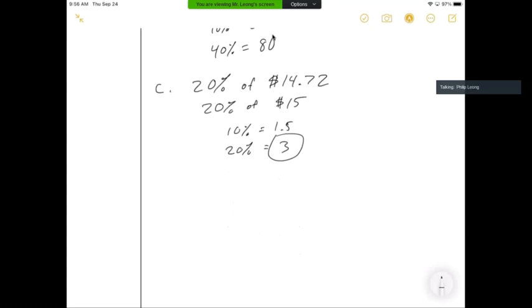The ones that you should know off the top of your head are 50%, 25%, and 33 and a third percent. Because this is 1/2, 1/4, and 1/3.